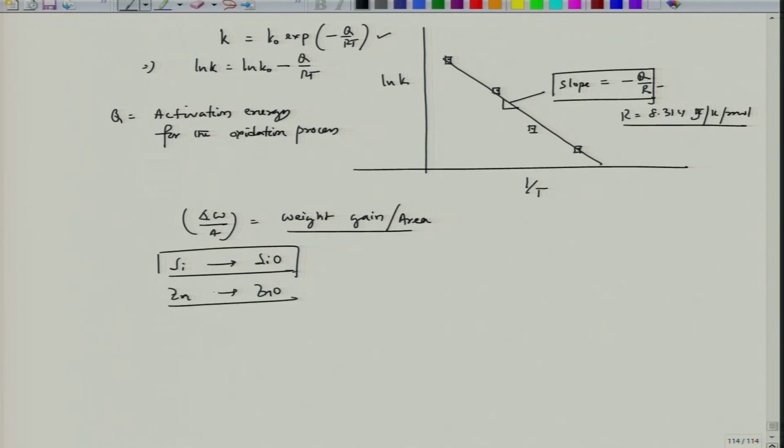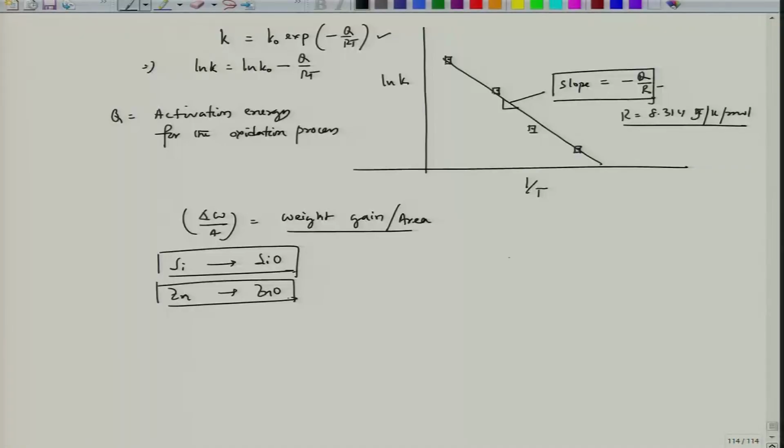In those cases I might see weight loss instead of weight gain, because these are oxides with a high vapor pressure, so they could evaporate.